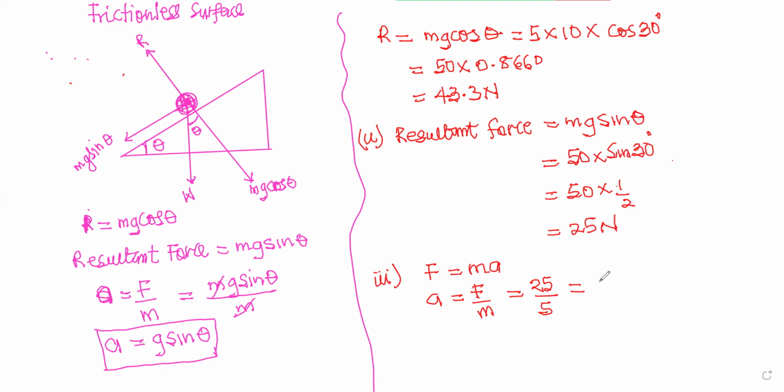This is equal to 5.0 meters per second squared. Another way out, once the unbalanced force is the only force acting on the body, we can also say that its acceleration is equal to g times sine 30 degrees, and gravity is 10, sine 30 is half, and the value is the same.